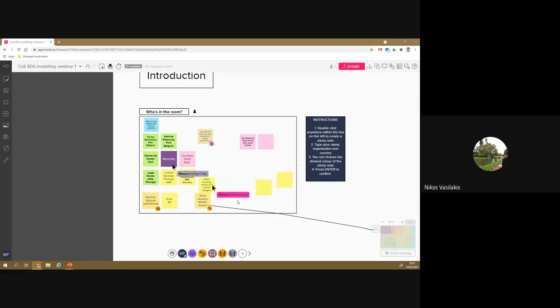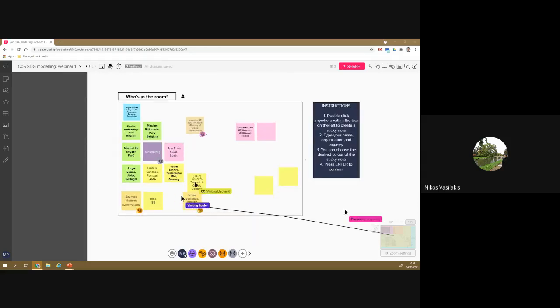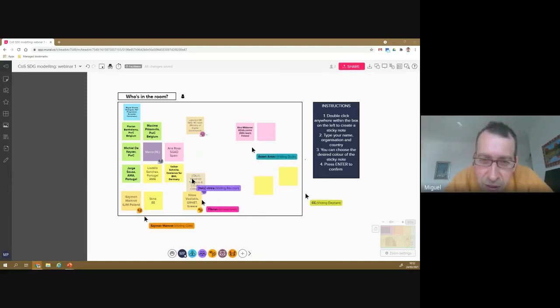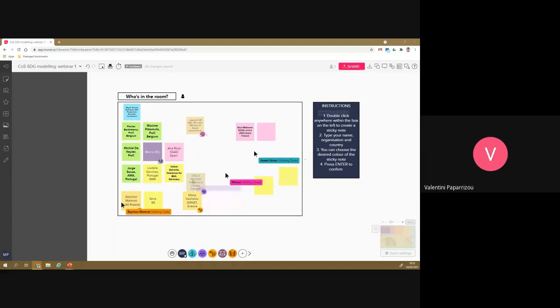Hello, I'm Nikos. I work for GRNet. It's a public body of the Ministry of Digital Governance, supporting the Ministry for the alignment with SDG and other IT issues. Thanks a lot, Nikos. Kalimera. And we have also Valentini from Greece. Kalimera from Athens. I'm in the Greek SDG team supporting our national coordinator.